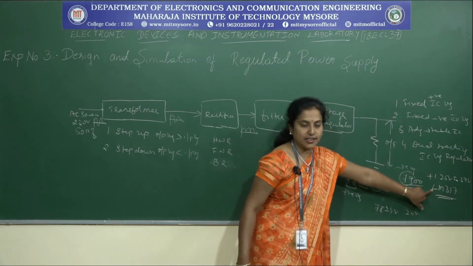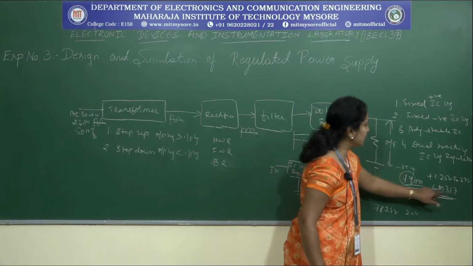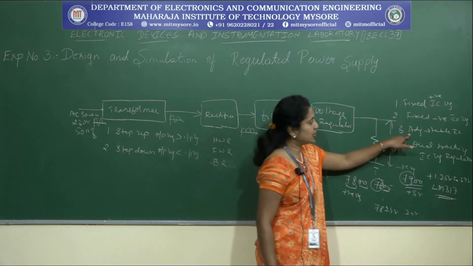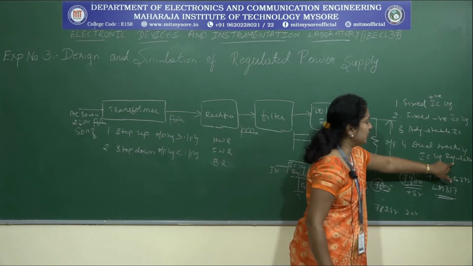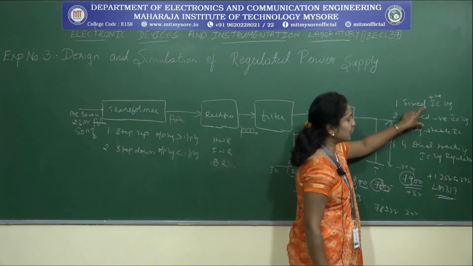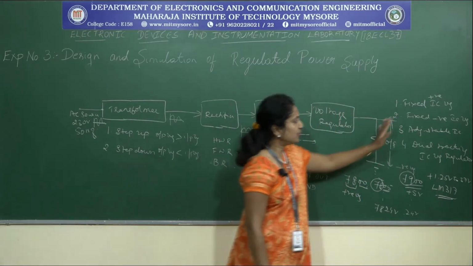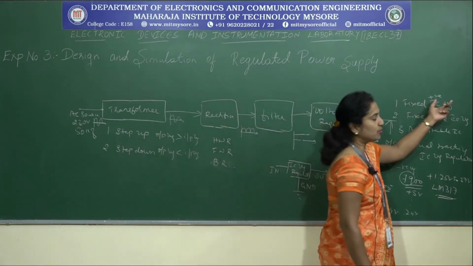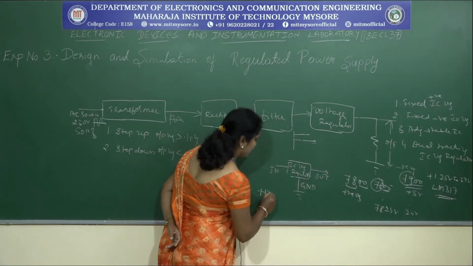L means linear, M means monolithic. In the dual tracking IC voltage regulator, this IC has both positive and negative power supply, which is equally divided. In our experiment we have the fixed positive IC voltage regulator with an output of plus 12 volts.